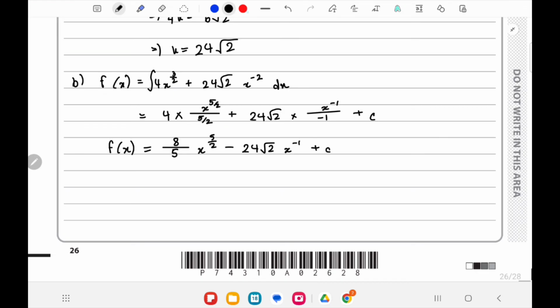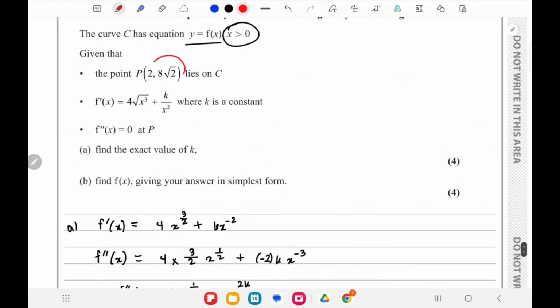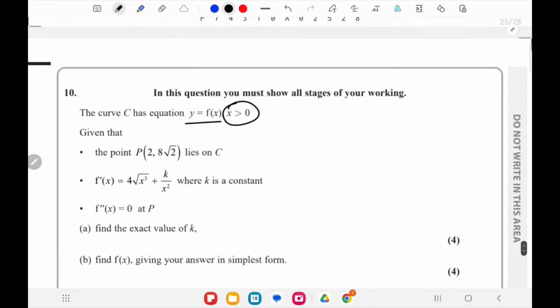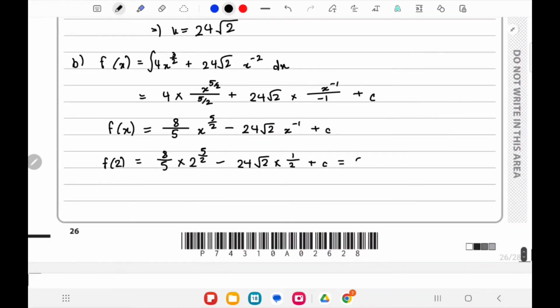We can calculate c as well because we know f of 2 is 8 root 2. So f of 2 is 8 by 5 into 2 to the power 5 by 2 minus 24 root 2 into half plus c. This is 8 root 2.